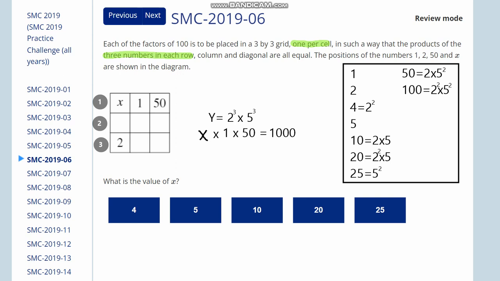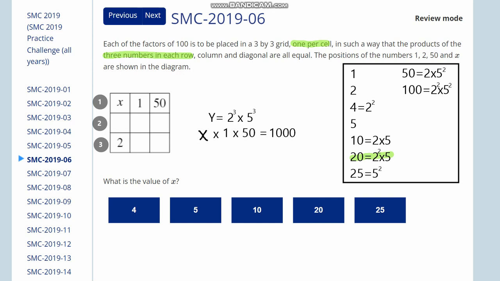Alternatively, you could factorize 50 as 2 multiplied by 5 to the power of 2, and realize that we're trying to find a value that multiplies with 2 times 5 to the power of 2 to equal 2 to the power of 3 multiplied by 5 to the power of 3. We would need the value equivalent to 2 to the power of 2 multiplied by 5, which is 20.